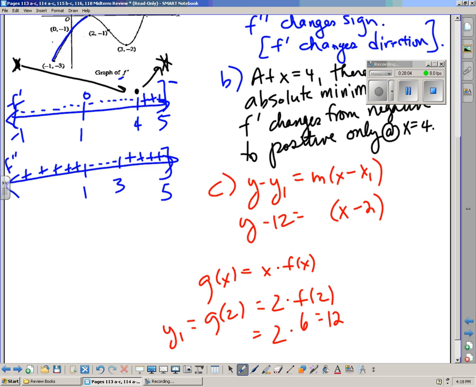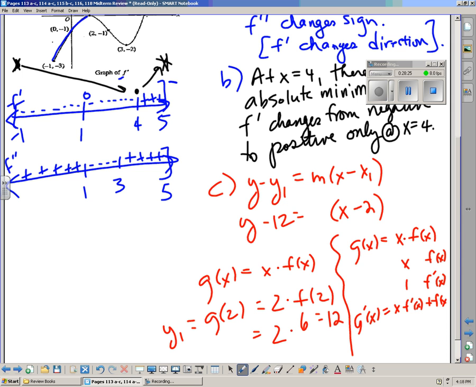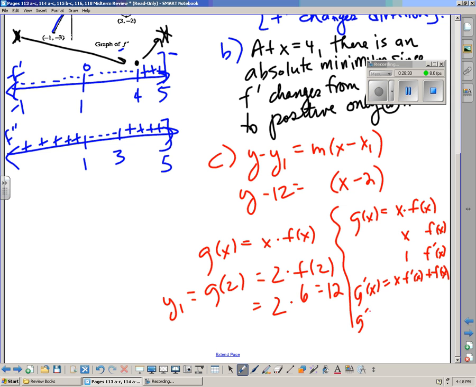That's your y value. Now, to get the slope, we need to take the derivative. Well, g of x is x times f of x, so to take the derivative, we're going to use the product rule. So g prime of x is x f prime of x plus f of x. So we want g prime at 2, which is 2 f prime at 2 plus f of 2.